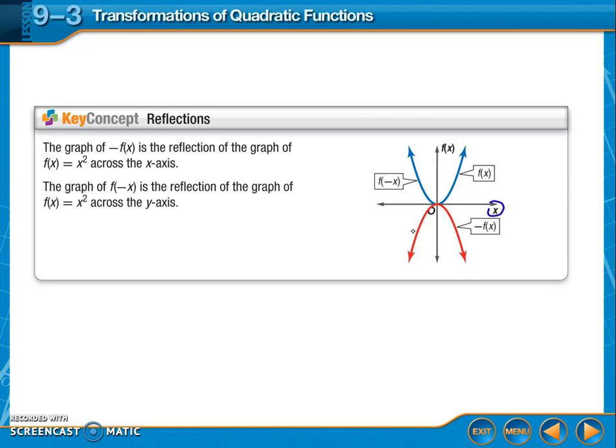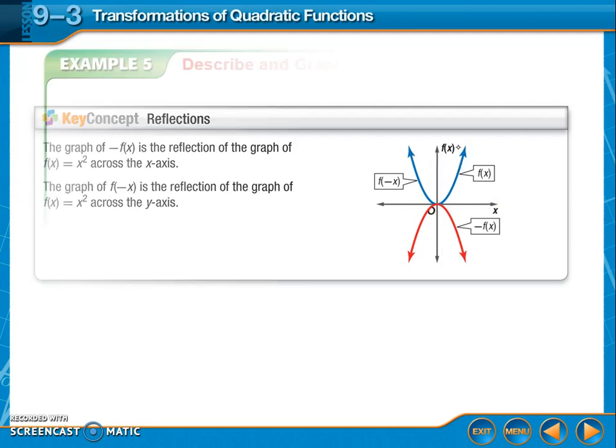If you have a negative inside, like putting in negative x instead of x into all of your functions, then that would be a horizontal flip reflection. So it flips over this axis, which would get you to the same graph. It pretty much doesn't change it too much.